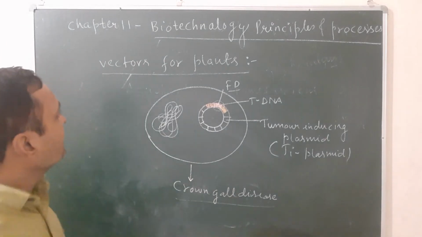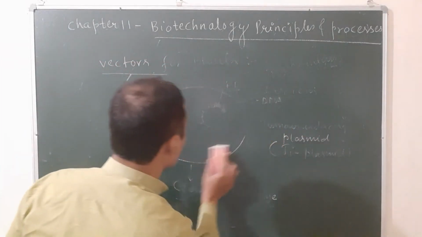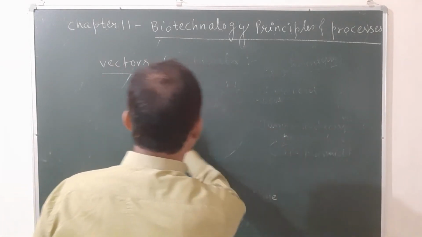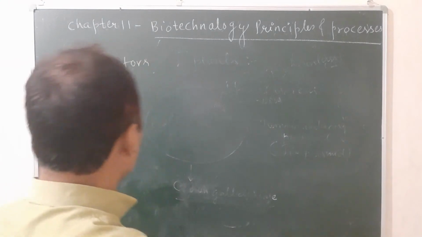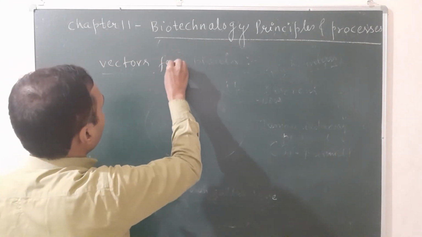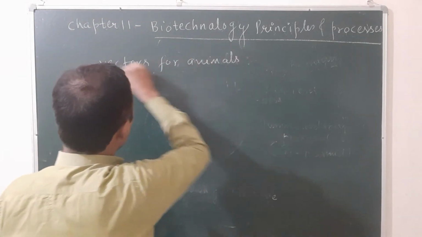Now the next one, vectors for animals. The most common vectors used in animals are adenovirus, retrovirus and papillomavirus. You can see this in your NCERT class 12 book also.